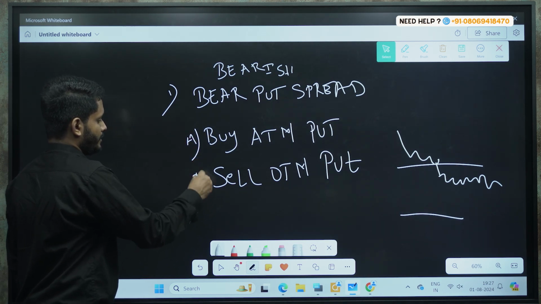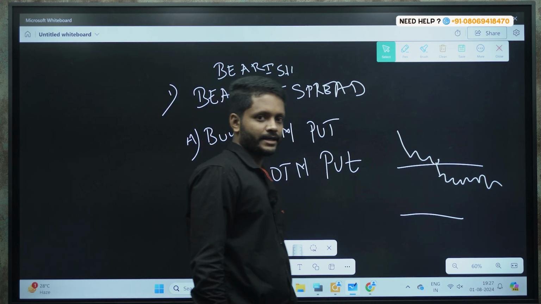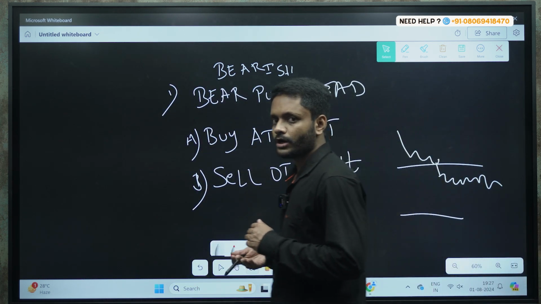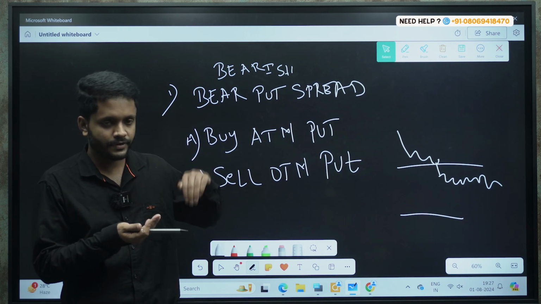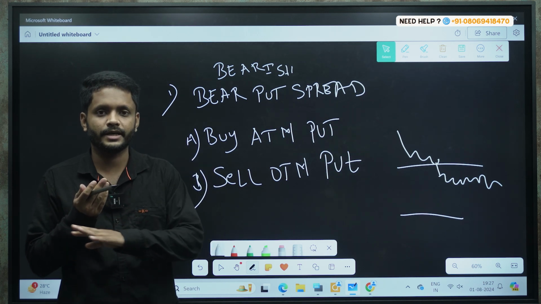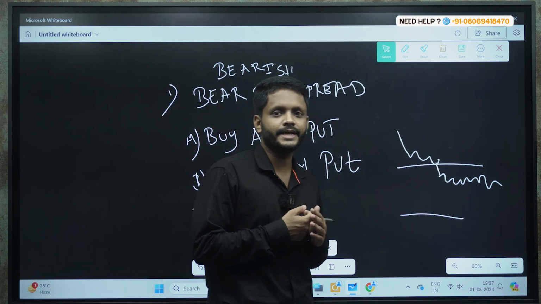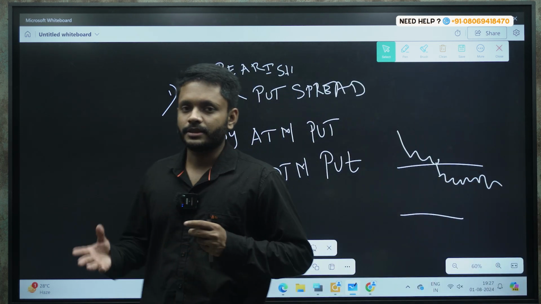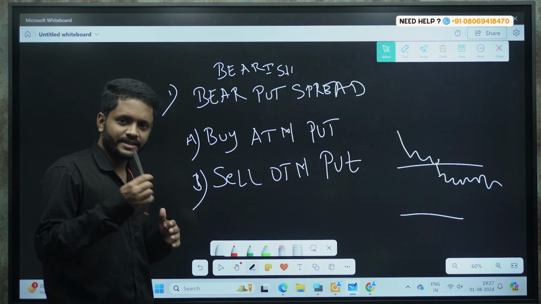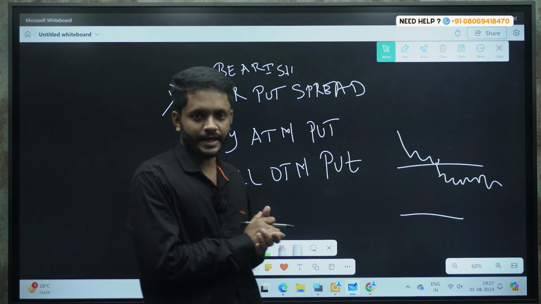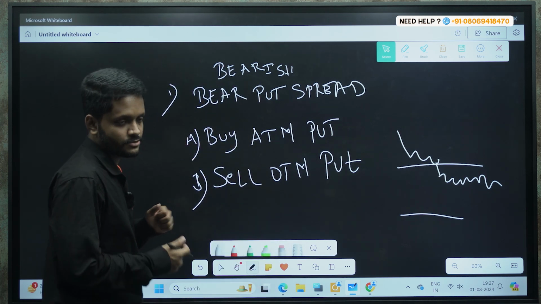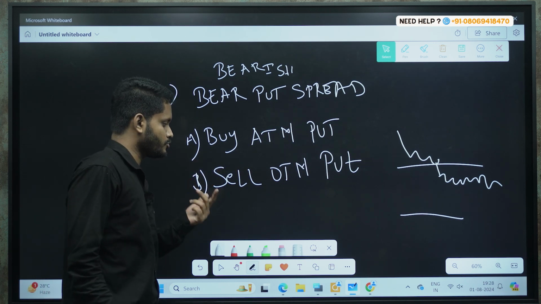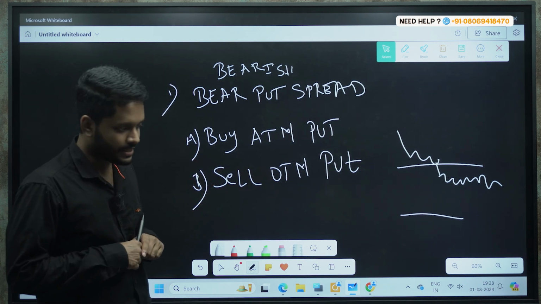The first leg, you buy the at the money put because you are expecting the stock to drop. And what if the stock doesn't hit my target? What if it gives a breakdown and it sustains over there? In order to counter the theta decay, we will sell an OTM put, so that premium gets eroded and the theta factor gets neutralized, correct? So we will buy an ATM put and sell an OTM put. So these are the debit strategies.